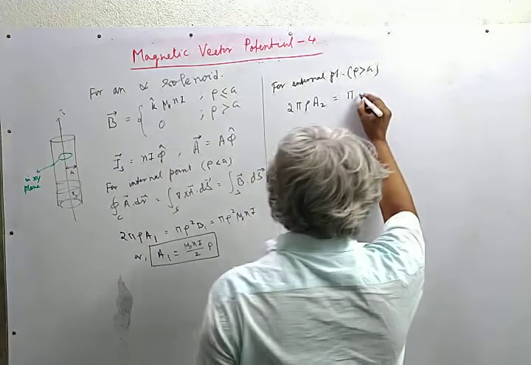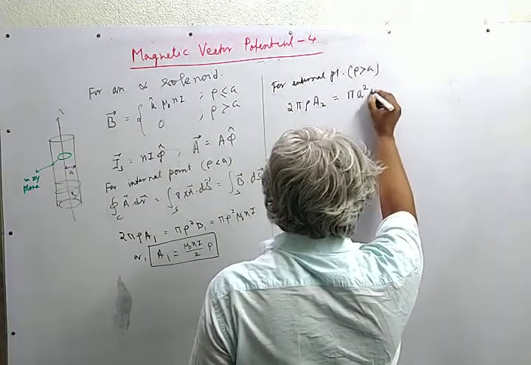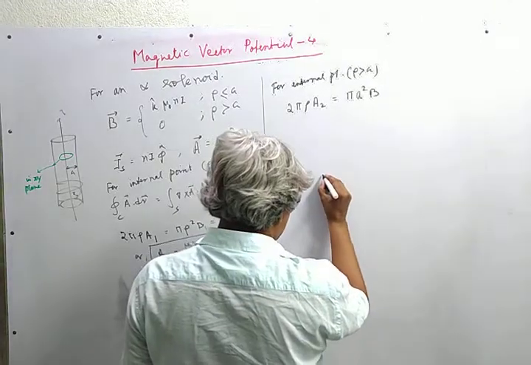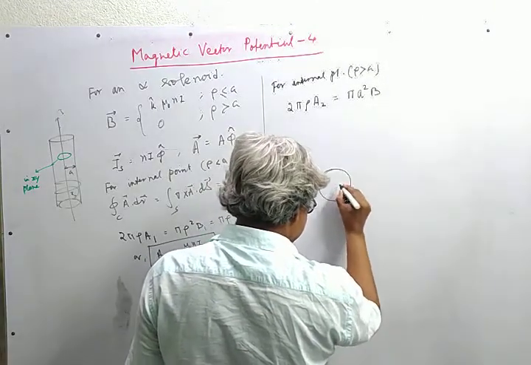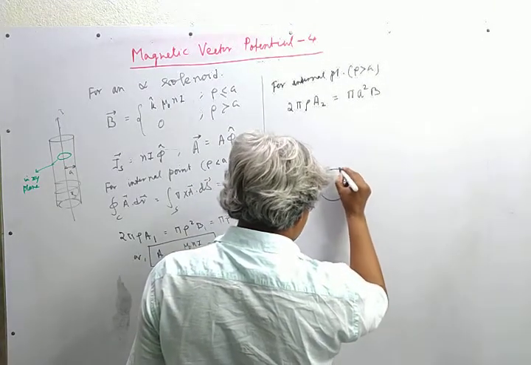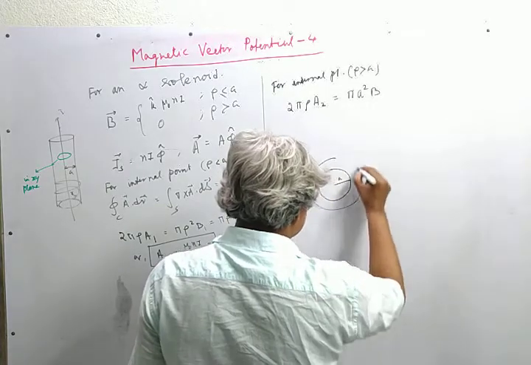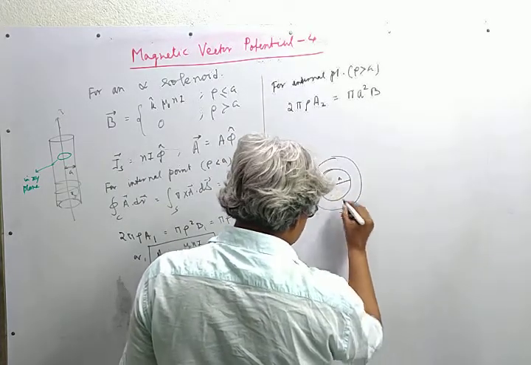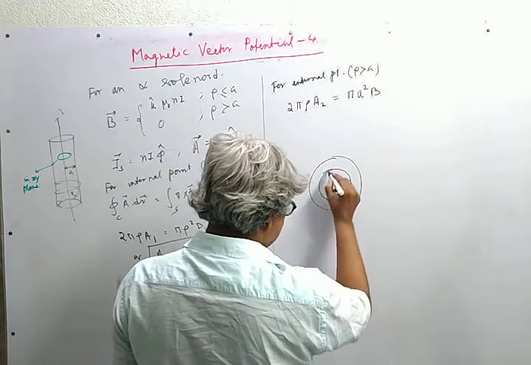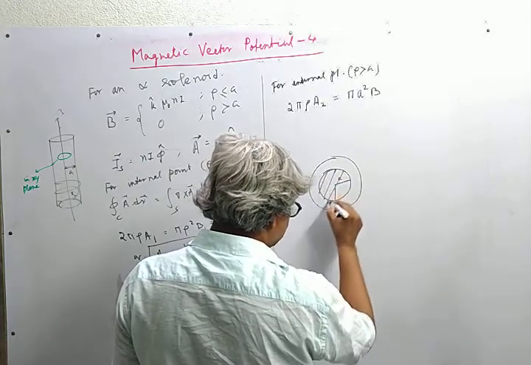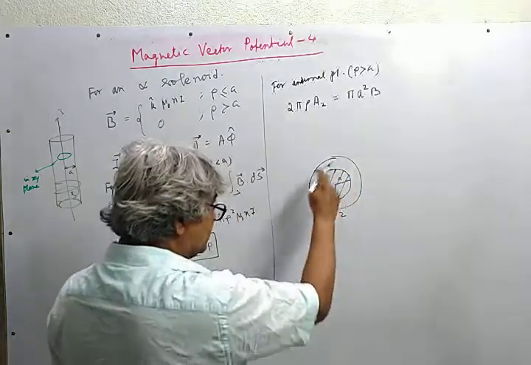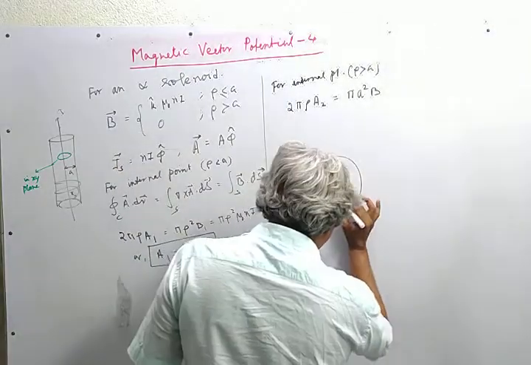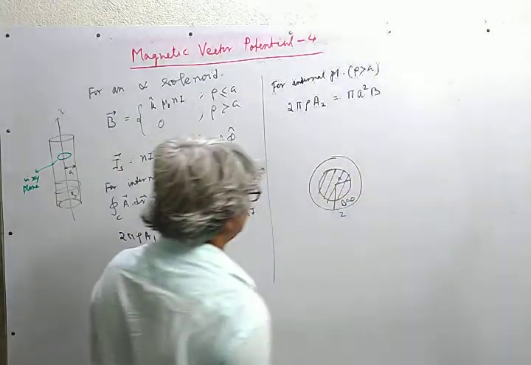The situation is that this is a circle of radius A, and for the second path, it is the path 2 of radius rho. This part is linked with the flux because the magnetic field is non-zero within the solenoid, and for this part B is equal to 0.